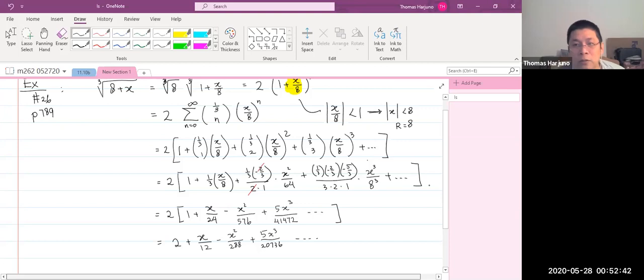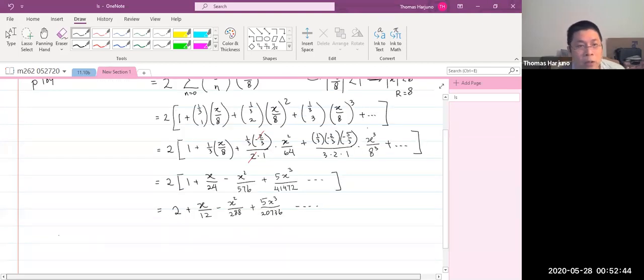Just for fun, suppose I want the cube root of 9. That's the same as the cube root of 8 plus 1. So I replace the x by 1.